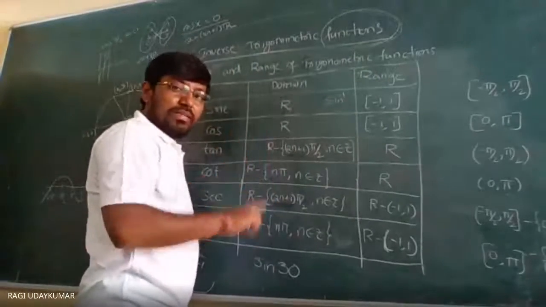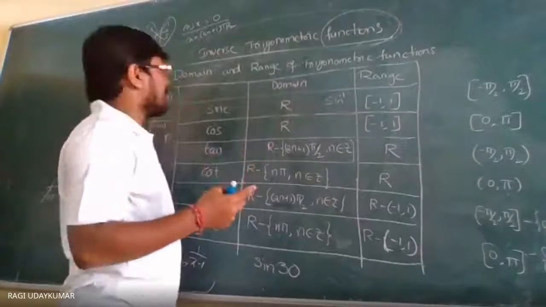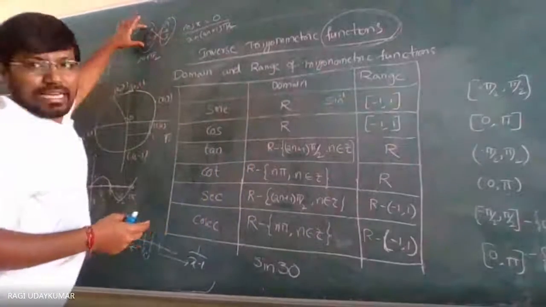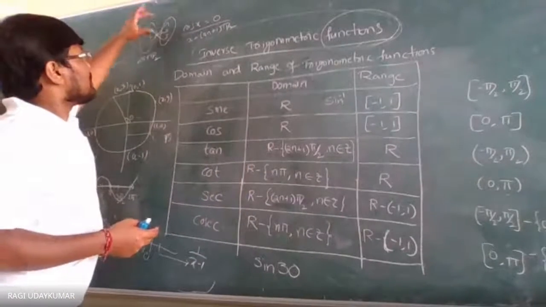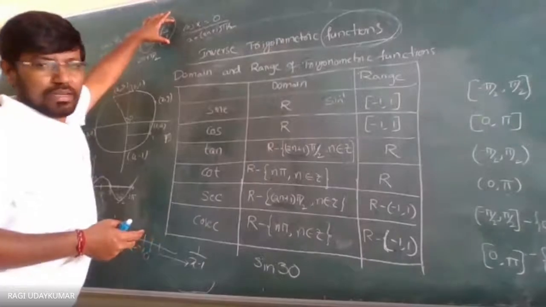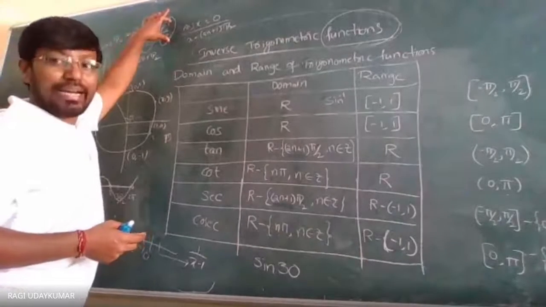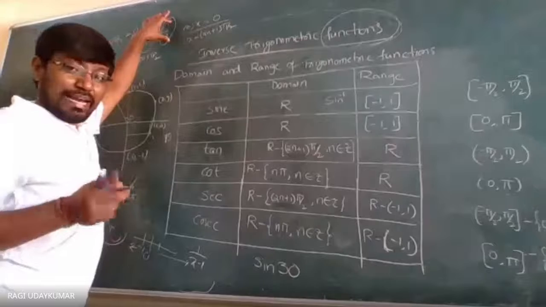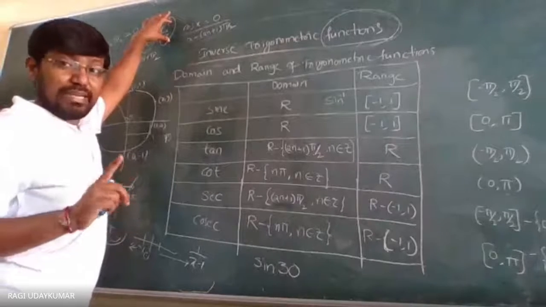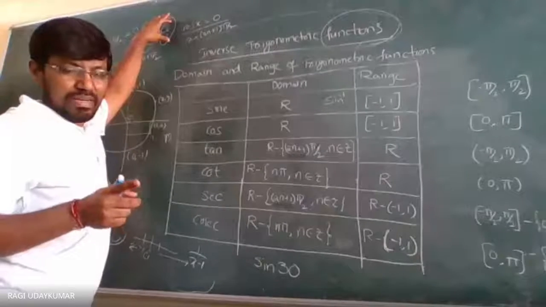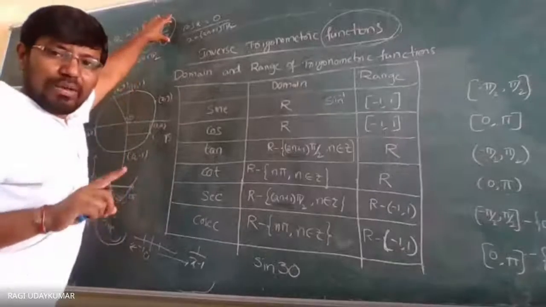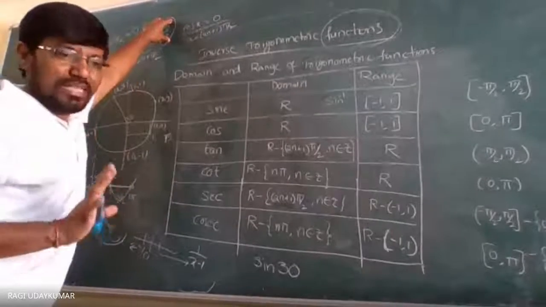So for an inverse function, if you take the example here, this function has A, B, C and this function has 1, 2, 3. So this is the domain and this is the range. Codomain and range will be equal in the case of a one-one and onto function, because an onto function means codomain and range should be the same.